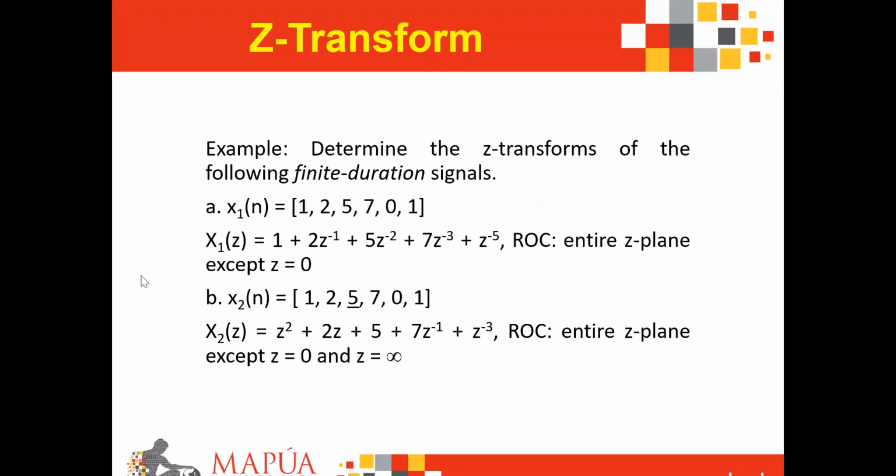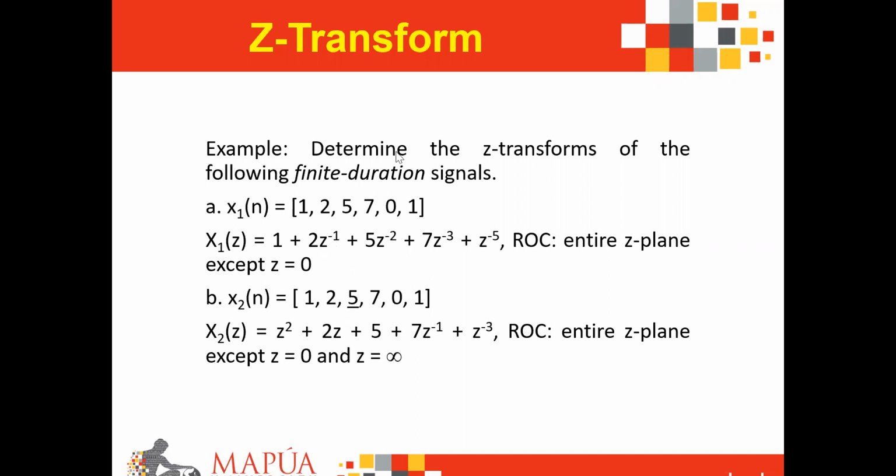The region of convergence, again, is the entire Z-plane. This time, except 0 and infinity. Okay? Nakuha ba? So, parang ito ay ring. Kasi bawal yung 0, bawal yung infinity. Nakuha ba? That is if you have this discrete signals. Okay? And take note, direct ang transformation natin yan.